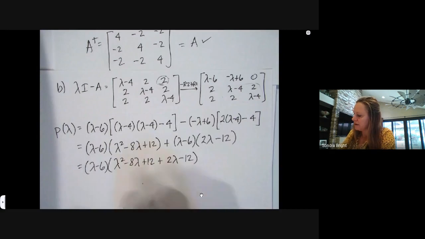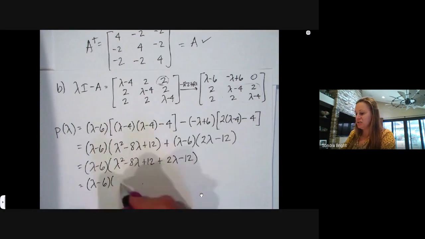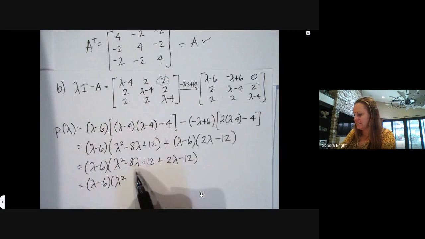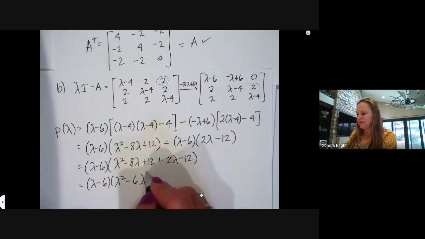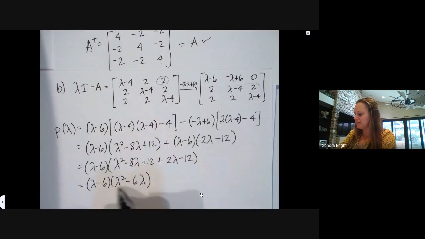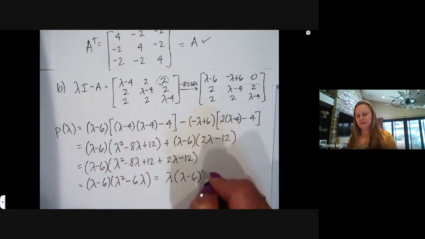Here I'll have a lambda squared minus 8 lambda plus 2 lambda will give me a minus 6 lambda plus 12 minus 12. Nice. I can factor out the lambda in common here, which will leave me with a lambda minus 6. So I end up with lambda times lambda minus 6 quantity squared. There you go. There it is factored.